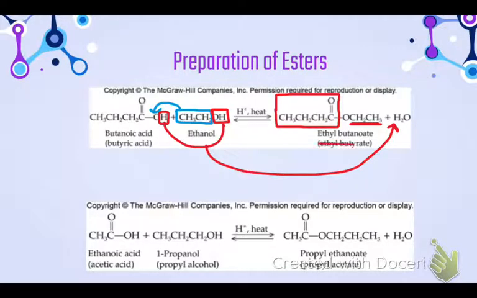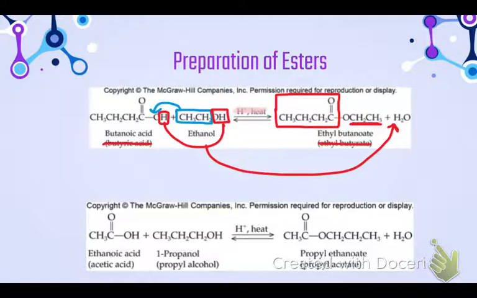Again, you don't need to worry about the common names that are there in parentheses. You only need to worry about the IUPAC names. I also want to point out that we have the heat and the acid. Notice the double arrow there. I forgot to mention it on the last slide. That double arrow just means that this reaction is reversible, and we are going to look at the reverse reaction in this lesson today.